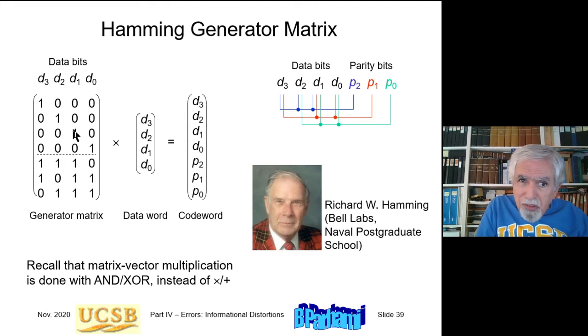This one gives you D2, this one gives you D1, D0. And this part is basically the parity. So for example, P2 is D3 XOR D2 XOR D1. P1 is D3 XOR D1 XOR D0. This is a second way of formulating Hamming code in terms of matrices. This is called the generator matrix.